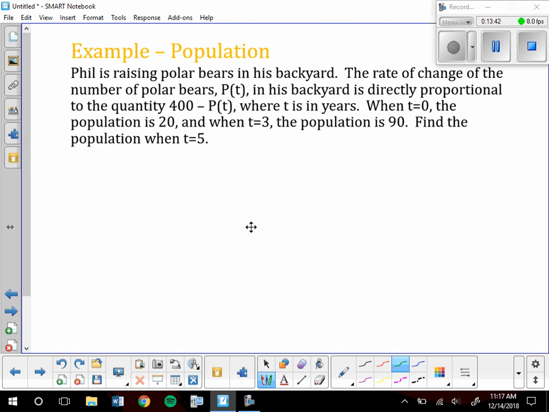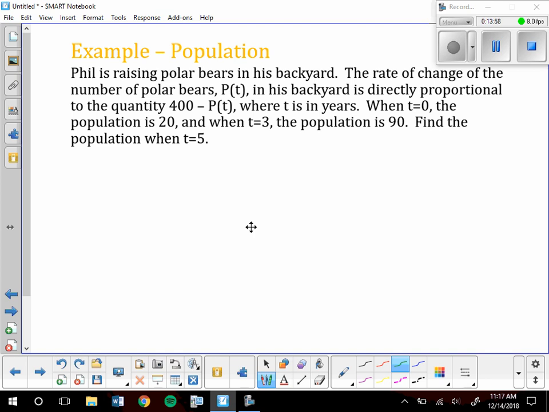Let's do another example, this time a population example. So our situation is that Phil is raising polar bears in his backyard.